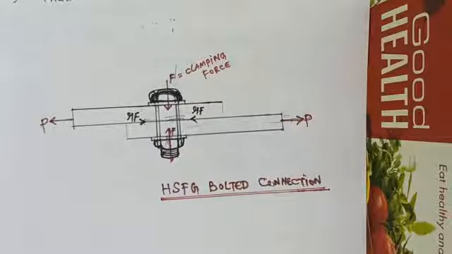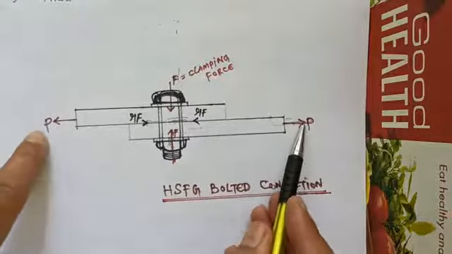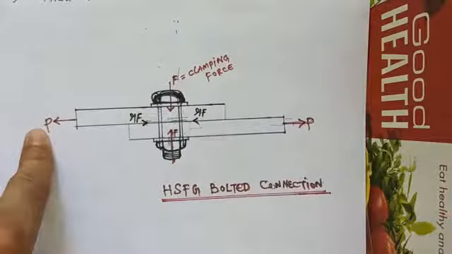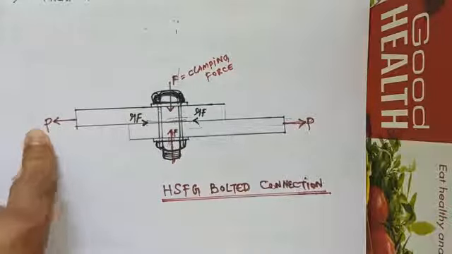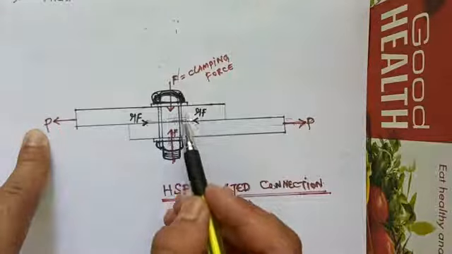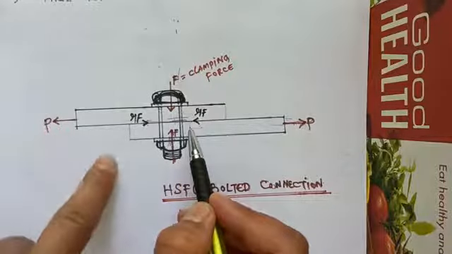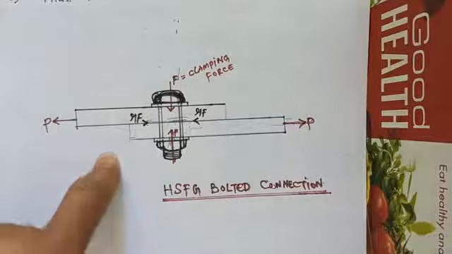The high strength friction grip bolted connections are designed such that under service loads, the force coming on the joint does not exceed the frictional resistance, so that the relative slip between the plates is avoided during the service life.